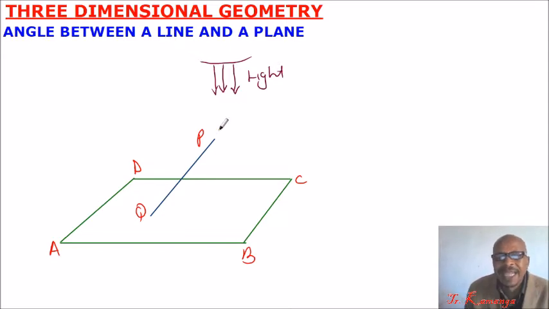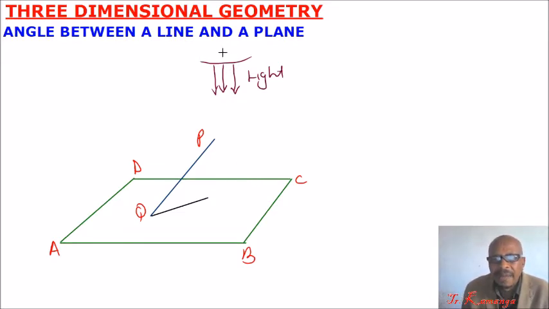Because the line is inclined at a certain angle, it will make a shadow here because of the light shining on it, and that shadow we can put it like that. So that is the shadow of the line.